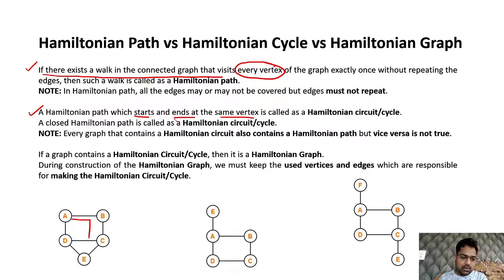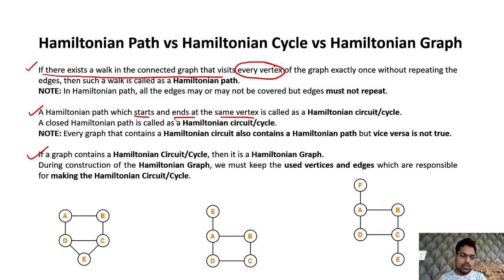If you say this one means ABCD, if you remove any of these, suppose A to B is removed, can it be a Hamiltonian path? No. Why? Because E is not present there. So that's why I told you it should cover all the vertices. Clear? Next is the Hamiltonian graph. How do we say? Clear?